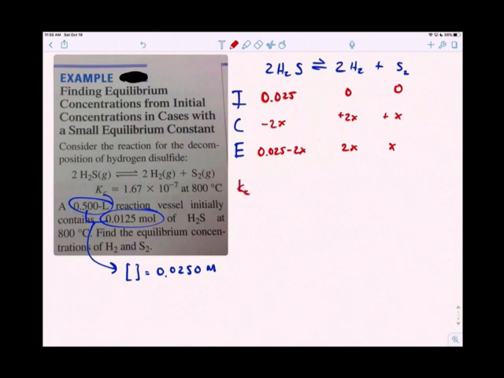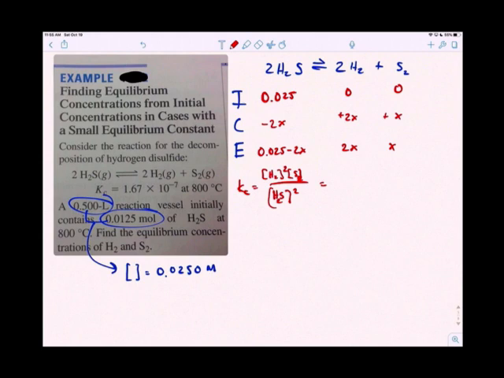Now let's do our equilibrium. Our Kc is equal to products, hydrogen squared, sulfur, all over hydrogen sulfide H2S squared.